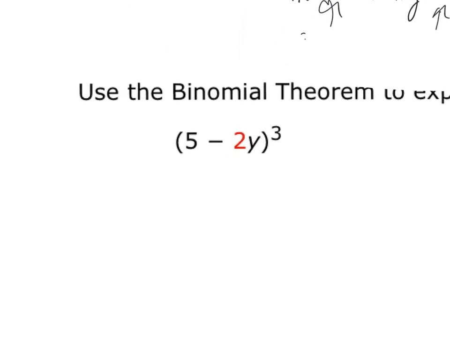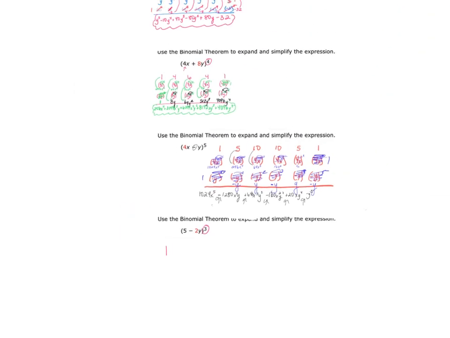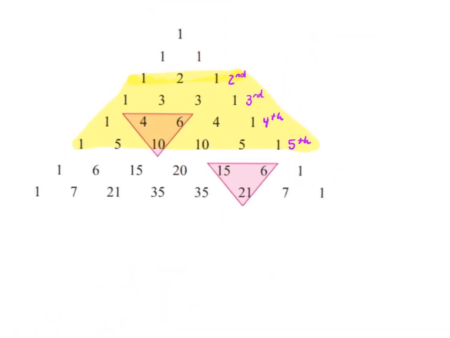All right, last one. This one looks a little different because the variable is second. Doesn't matter. What is the pattern for the third row? 1, 3, 3, 1.